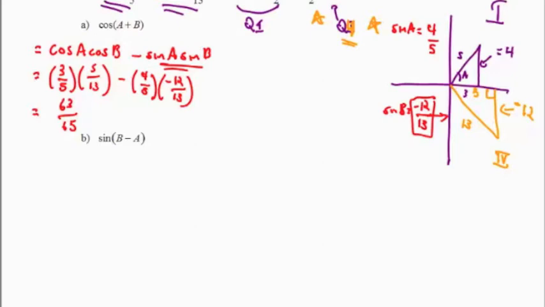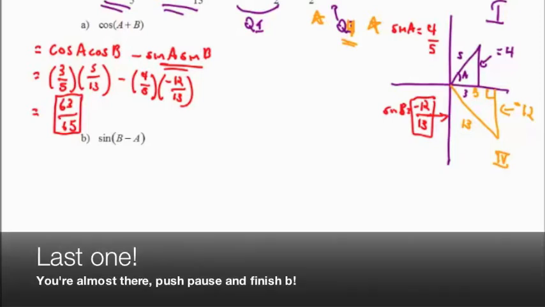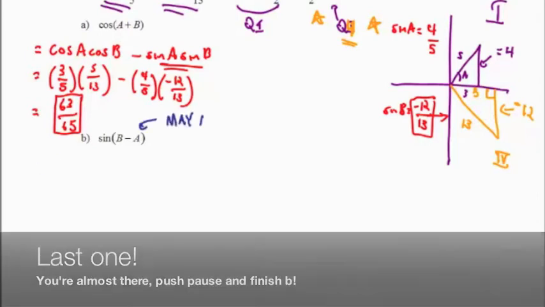Remember, our common denominator in this case is going to be 13 times 5, which is 65. And then we have 15 on top, subtract a negative 48, which means plus 48, and we end up with 63 over 65. That's it, sports fans. That's our answer to part A. Let's give B a try right now.